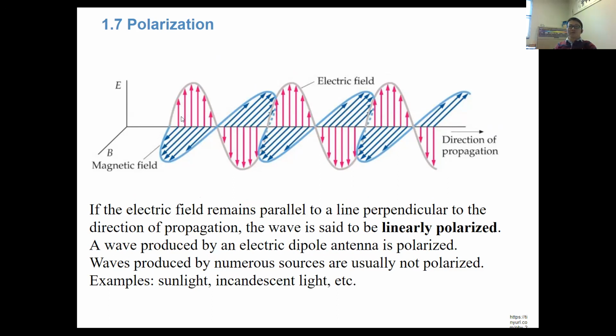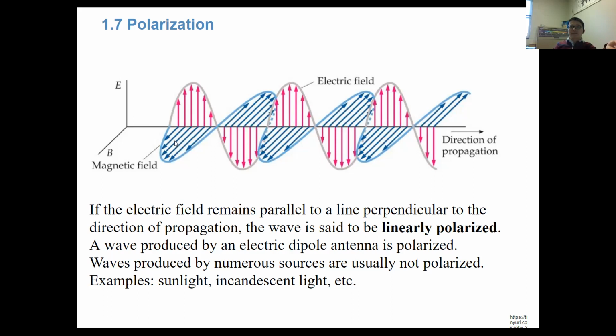This then propagates outward. The sunlight that we see actually has a mixture of all these orientations of electric field and magnetic field, not necessarily oriented in the same direction. So we call that unpolarized.